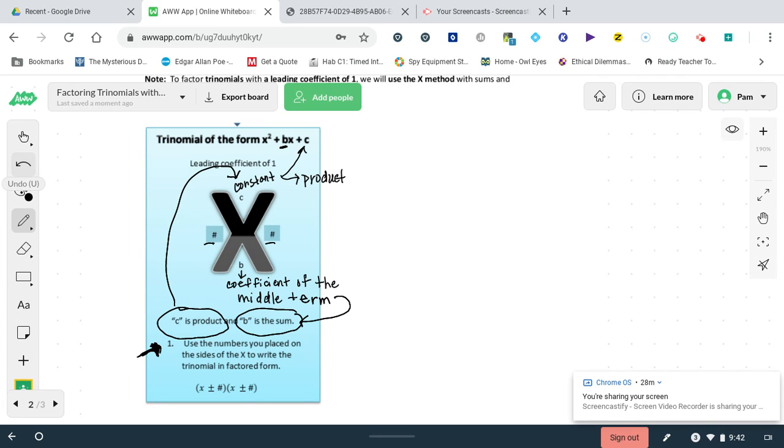You're going to write x plus or minus that number, depending on what the signs are on the sides of the x, times x plus or minus that number, again depending on the signs. It could be a positive over here, or a negative over here. If it's a positive, you write x plus whatever it is. When it's a negative, you write x minus whatever it is. And that's all you do. Let me give you an example.